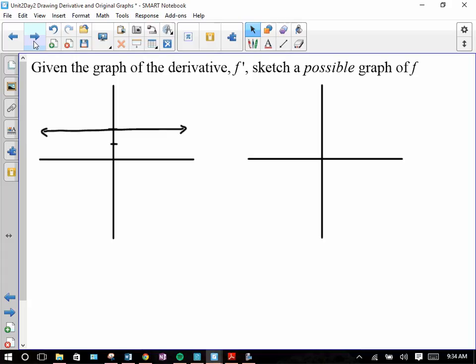Think about it. What does the graph of f prime tell us? What is the first derivative telling us about the original function?